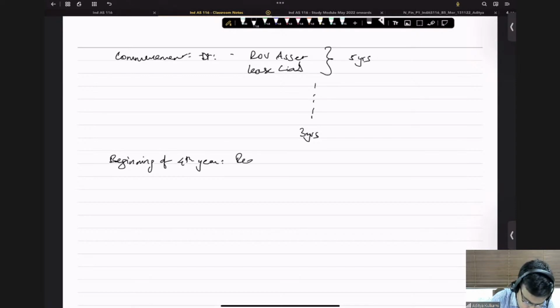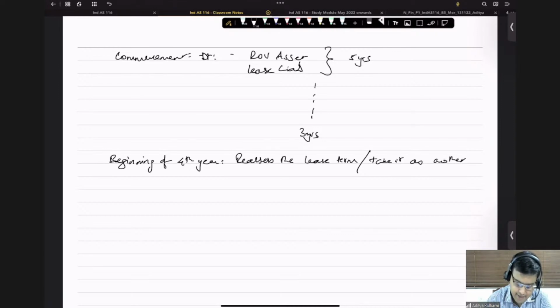you will reassess the lease term. And what are you going to do? You will take it as another 4, 5, 6, 7, 8, 9, 10, another 7 years. That means 2 years original which is left plus 5 years.